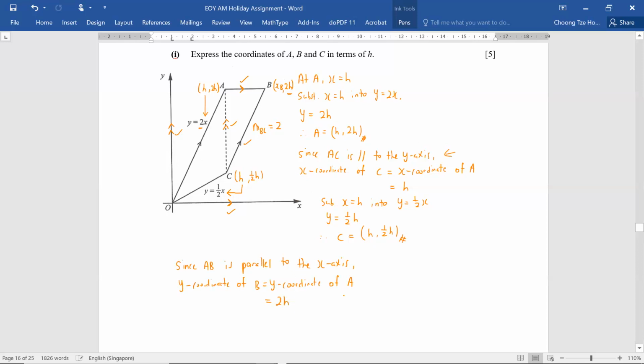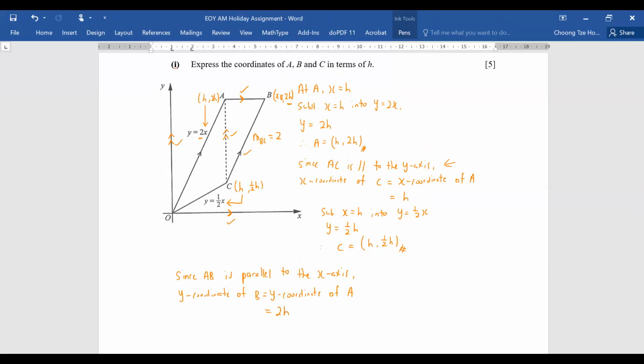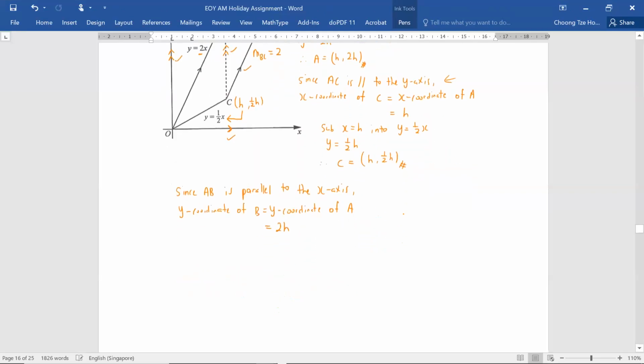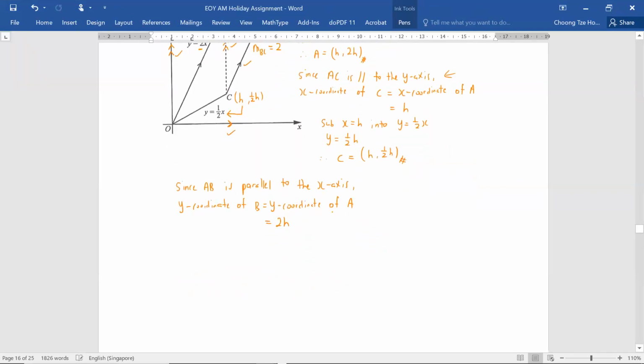Alright. Okay, then we're going to formulate the equation, using the gradient to help us to find the x coordinate of B. Okay, so let the x coordinate of B be xB first.